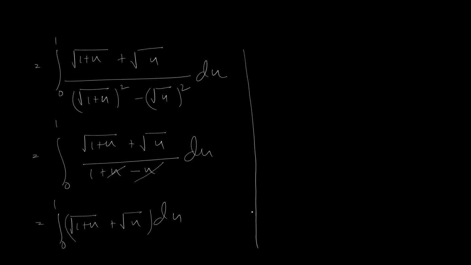So this will be equal to the integral from 0 to 1 of root of 1 plus x dx, plus the integral from 0 to 1 of root x dx.